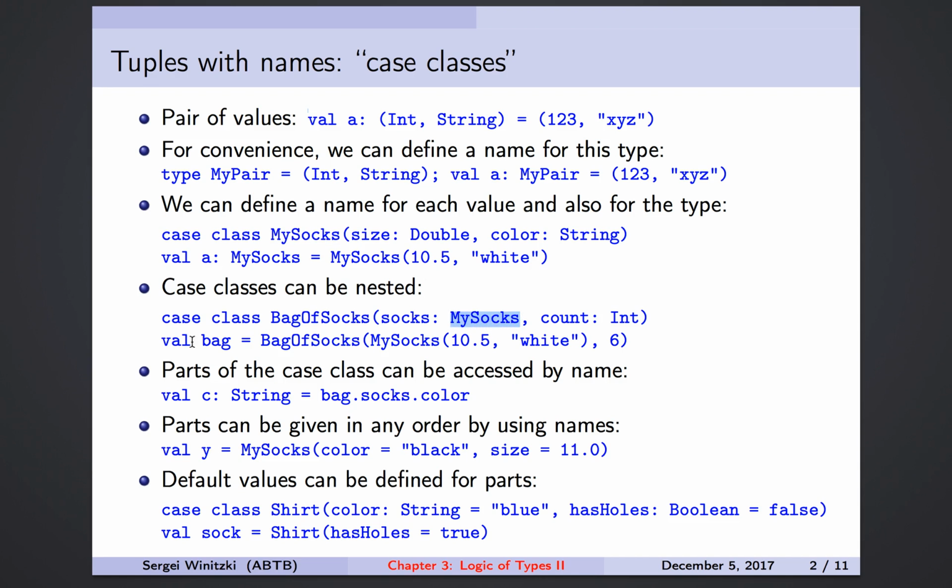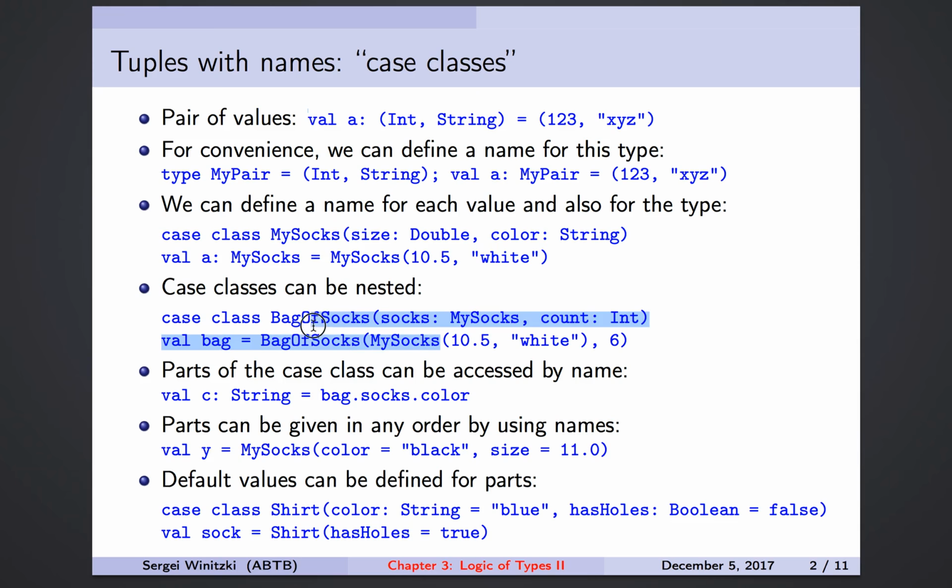And here I would say val bag equals bag of socks, and then I would give the first part, and then the second part. So it's just like a tuple except with names. You see, if you cross out the names, then it will be just like a tuple with a nested tuple.